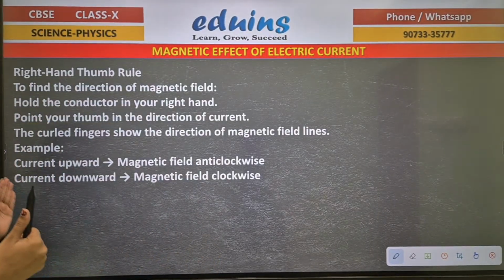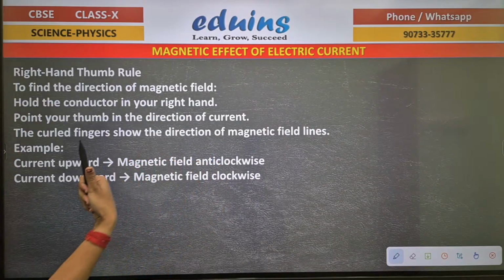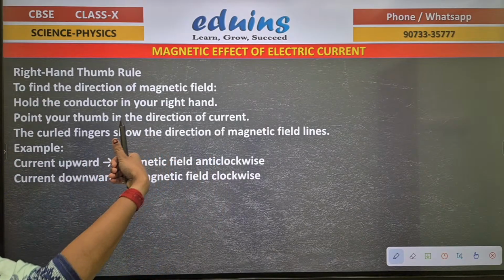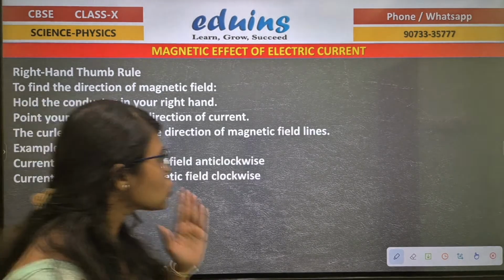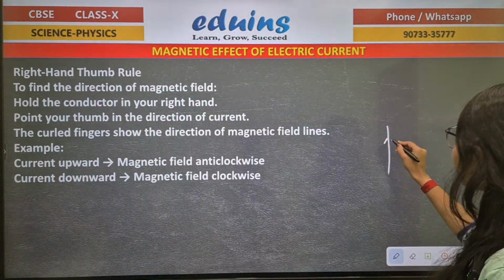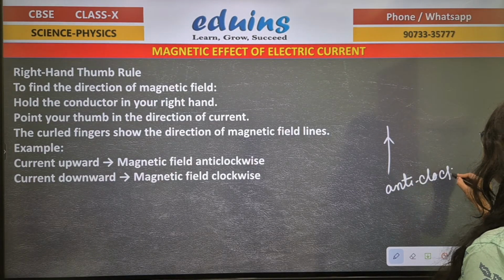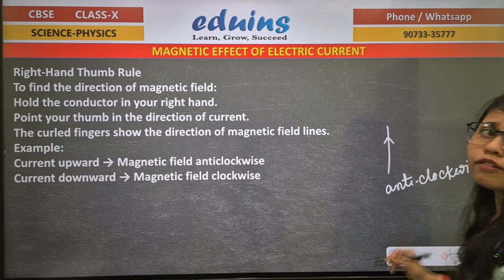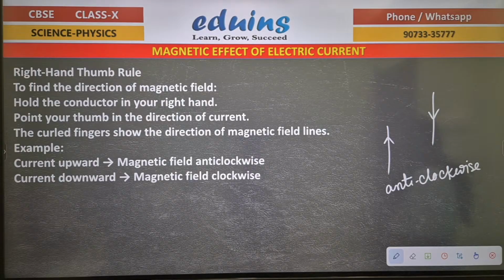Now the curled fingers show the direction of the magnetic field. So for the upward direction, it must be anti-clockwise, and for the downward direction of the current, it must be oriented in the clockwise direction. Okay?